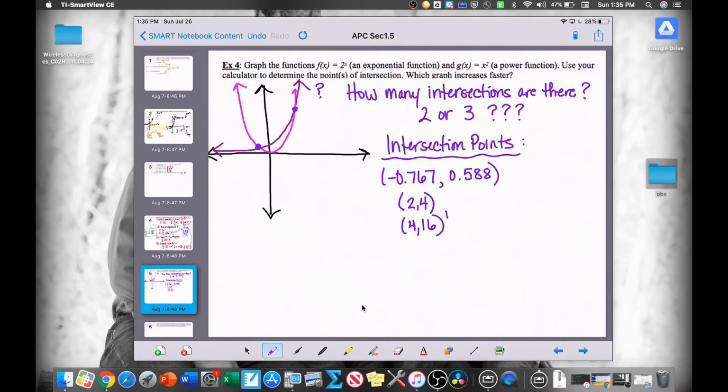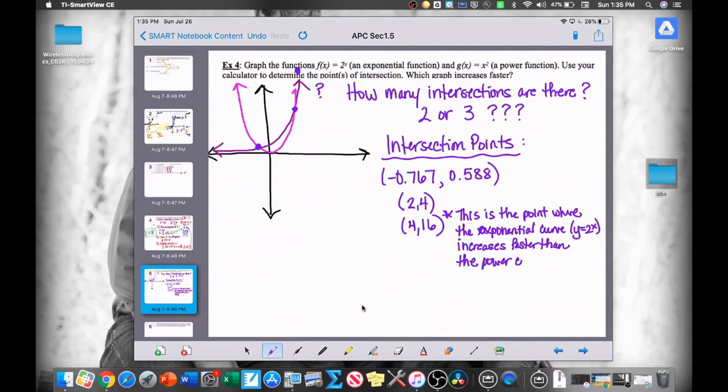Okay, and so I want to make a little note right here by 4, 16, because there is that point up here where they intersect again, right? And 4, 16, this is the point where the exponential curve, which is y equals 2 to the x, increases faster than the power curve, which is y equals x squared.